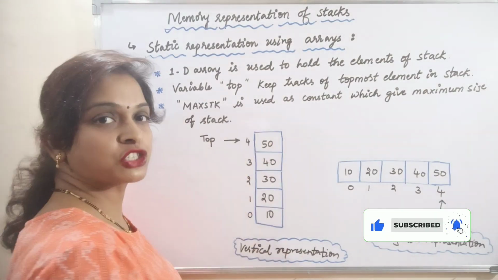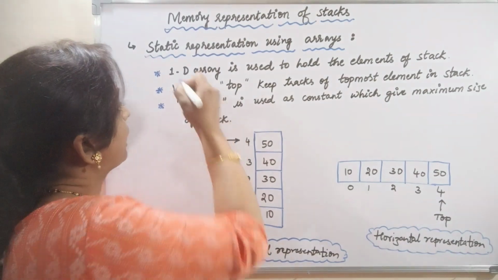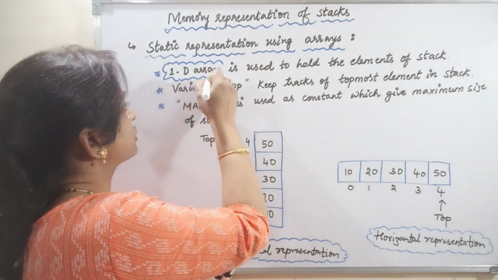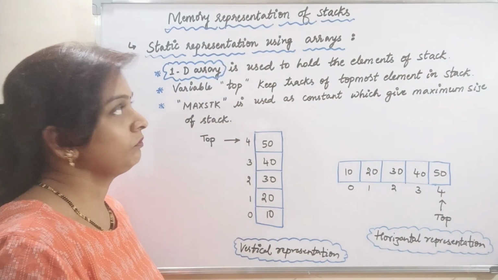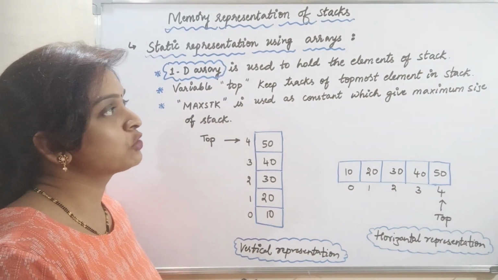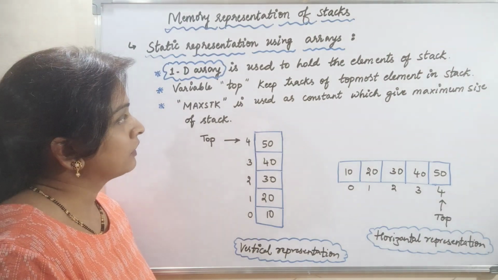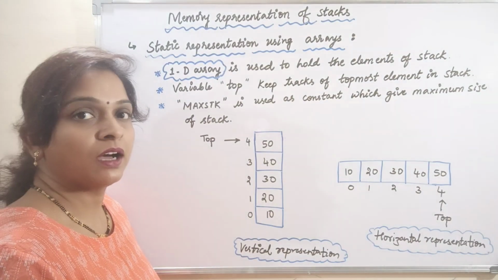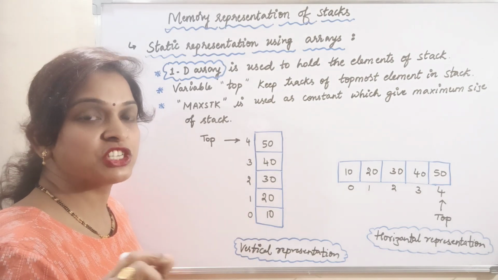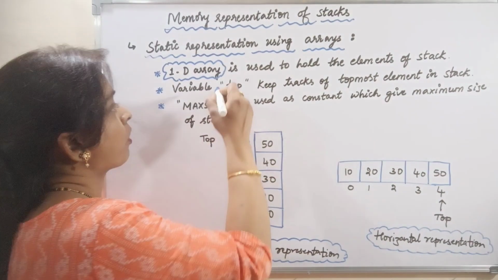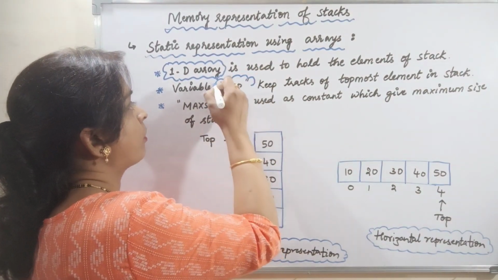For the implementation of stack, I am using a 1D array, a one dimensional array, to hold the elements of stack. Since it is a 1D array, I have to make use of one pointer which keeps track of the push operation and pop operation, and that is the top pointer.